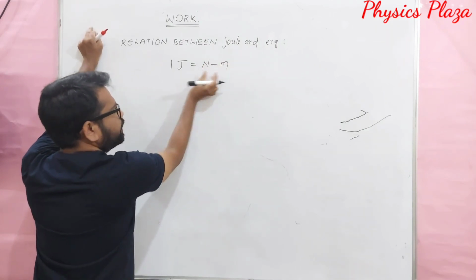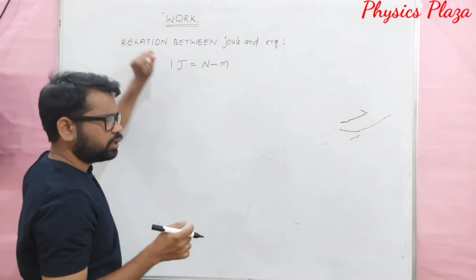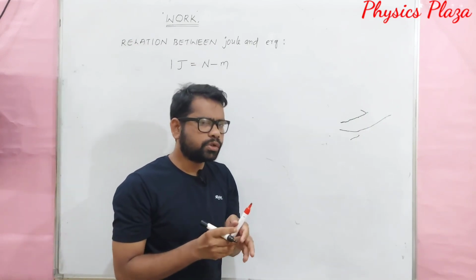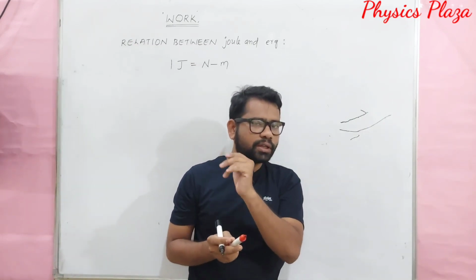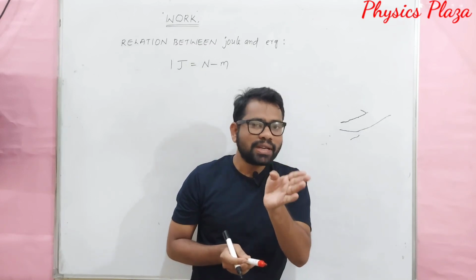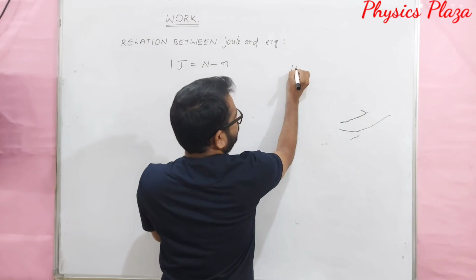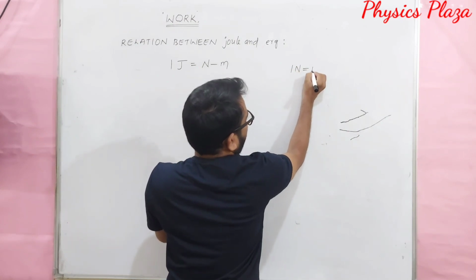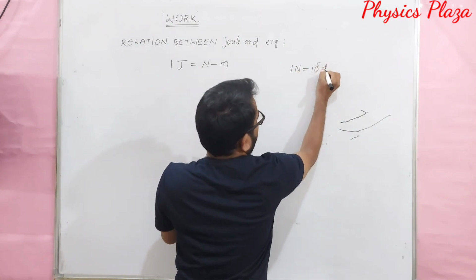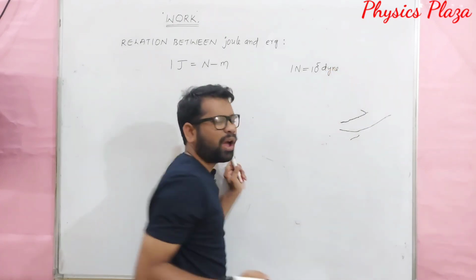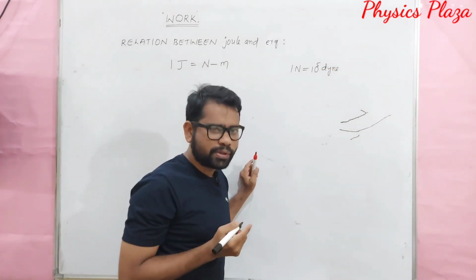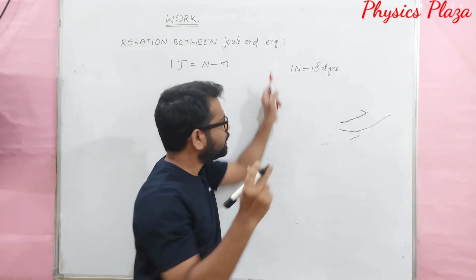If you want to make a relation, you must know how Newton is related to the dyne, and how meter is related to the centimeter. That's very important. We know that 1 Newton is equal to 10 power 5 dynes. But how? Children, you learned in the previous sessions. Forgot? Let us see once in a simple manner.